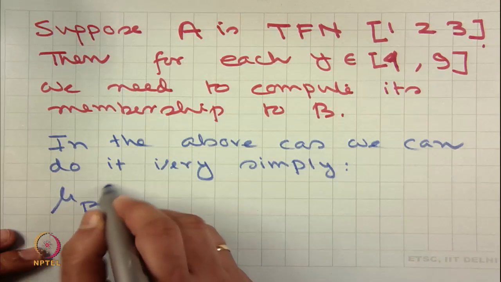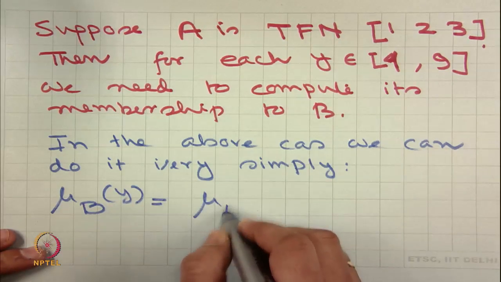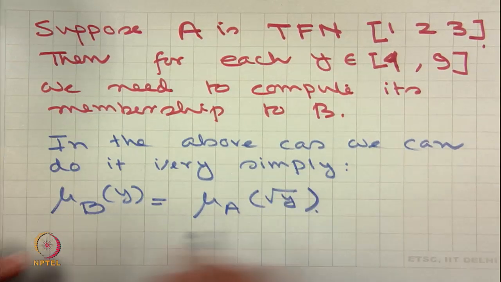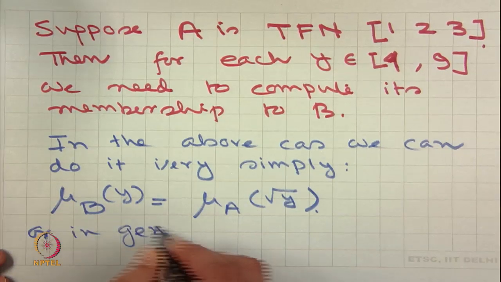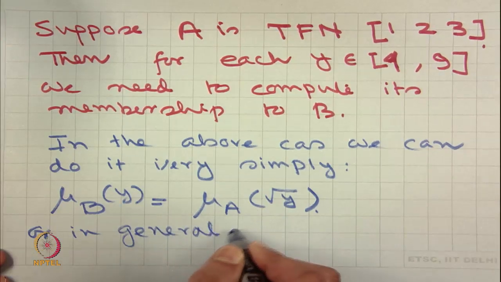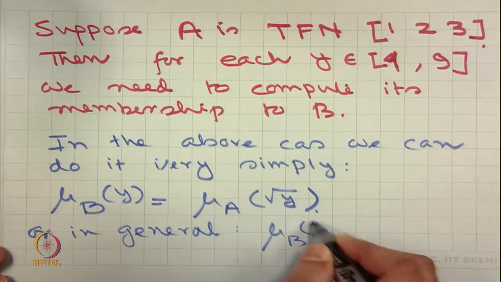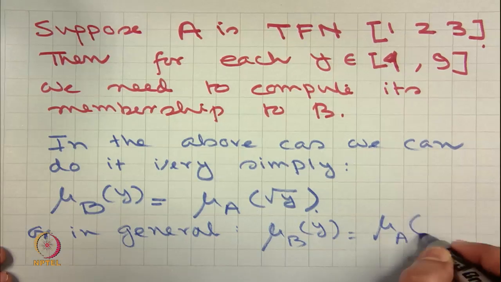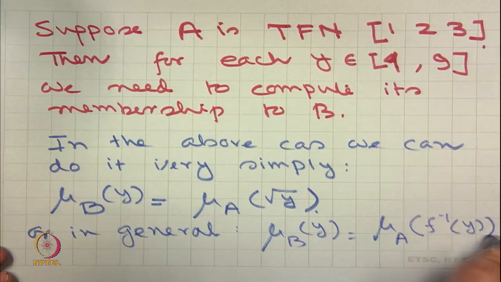Mu b of y is equal to mu a of root y, or in general, mu b of y is equal to mu a of f inverse y.